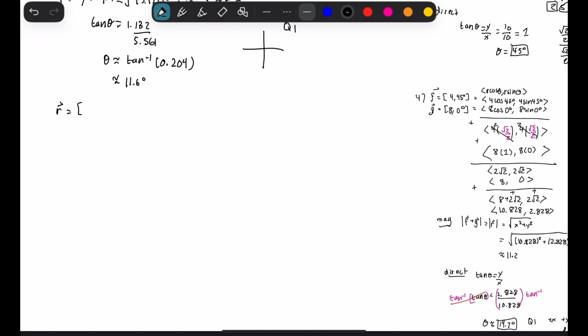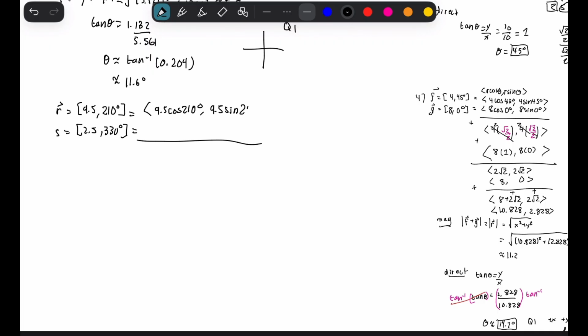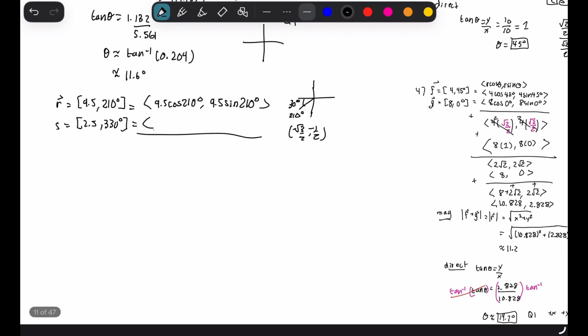Say we have R. 210 degrees is going to give you root 3 over 2, 1/2, but negative y.